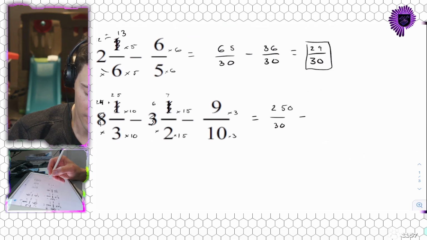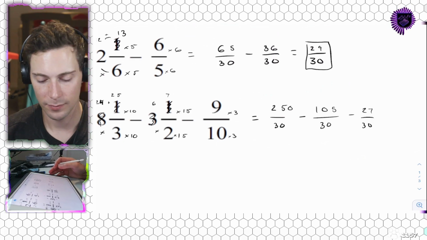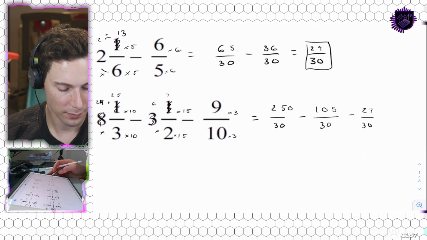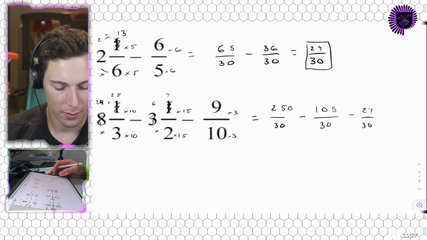Subtract 7 times 15, 70, 105 30ths. Subtract 27 30ths. Okay. 15 times 7, yeah, 70, 7 times 5, 35, yeah, 105.